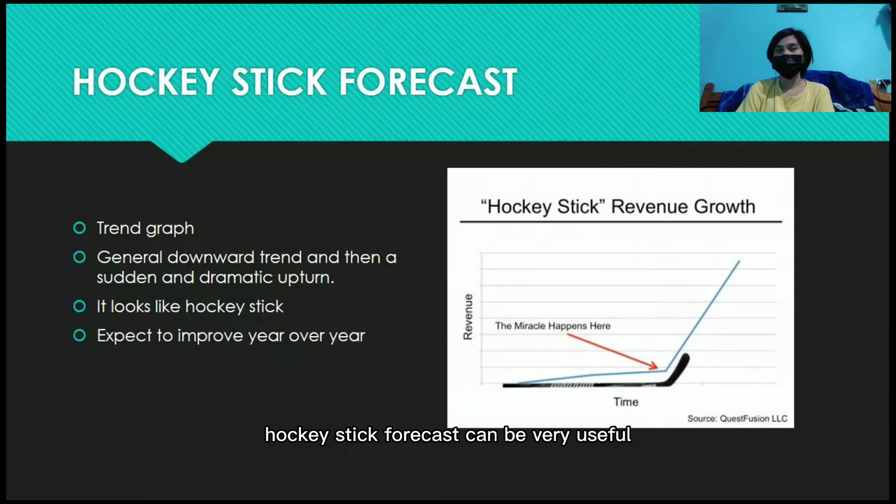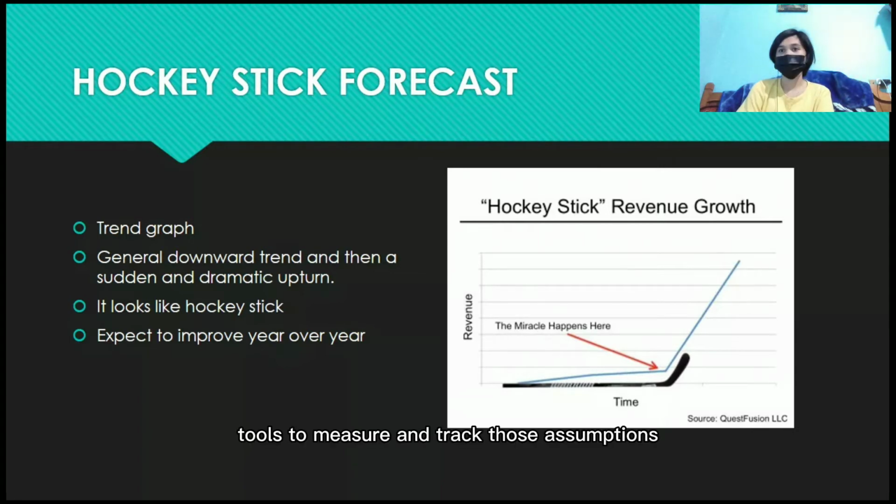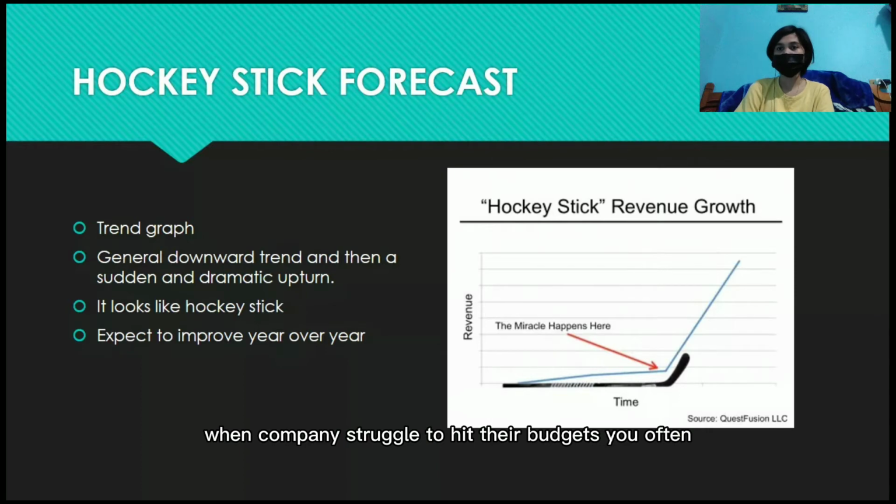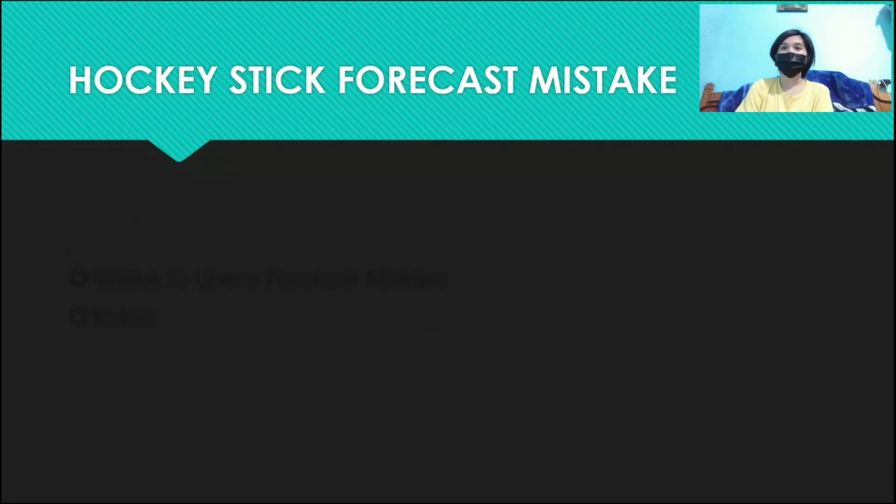Hockey stick forecasts can be very useful analytical plots to help you better understand underlying operating assumptions. You can also check to see if the management has the necessary tools to measure and track those assumptions. When companies struggle to hit their budgets, you'll often find a few gaps between what was planned and what was actually managed.